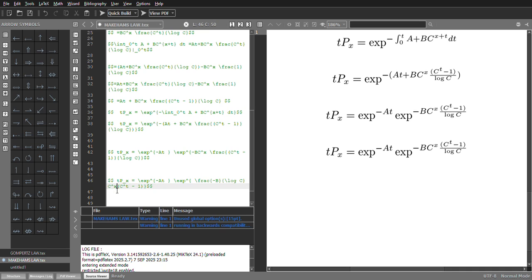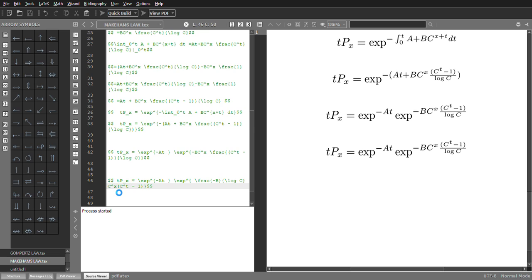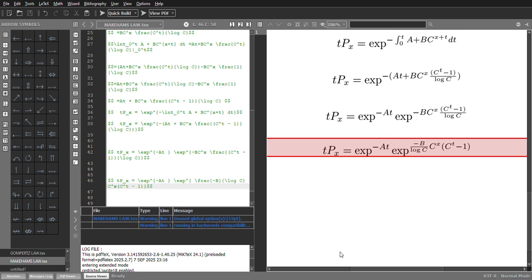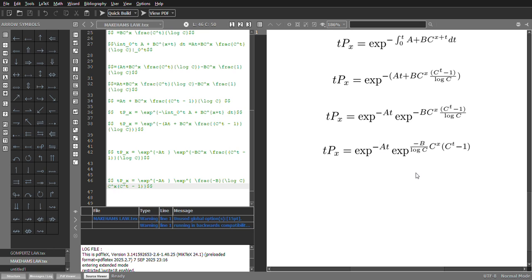Now what do we have here? Let's look at what we have now. I brought this one here, then this one remained multiplying that one. This one remained multiplying the numerator. That's what I've done here on this one.